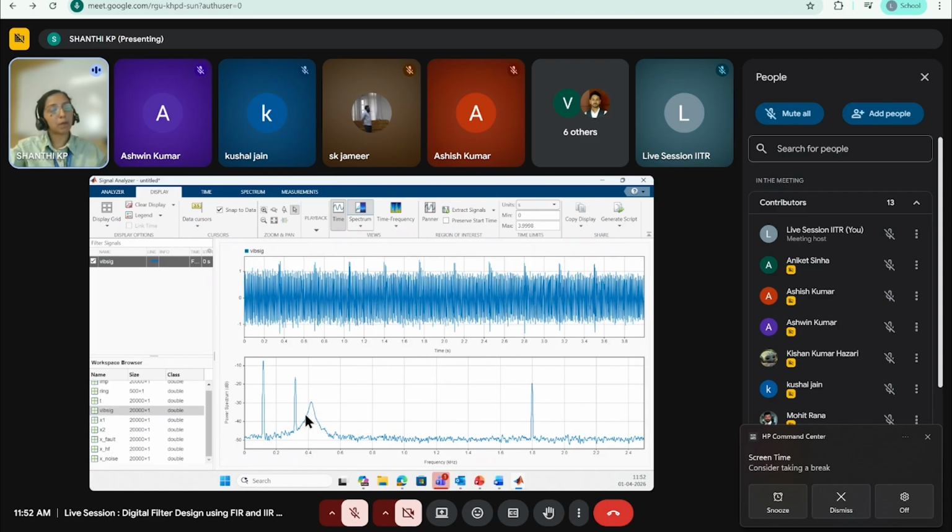Here, the spectrum shows dominant energy, let's say below 500 hertz. And you can see an unwanted component which appears beyond 1 kilohertz, nearly around 1.8 kilohertz. So our goal is to remove, or attenuate, this 1.8 kilohertz noise component.